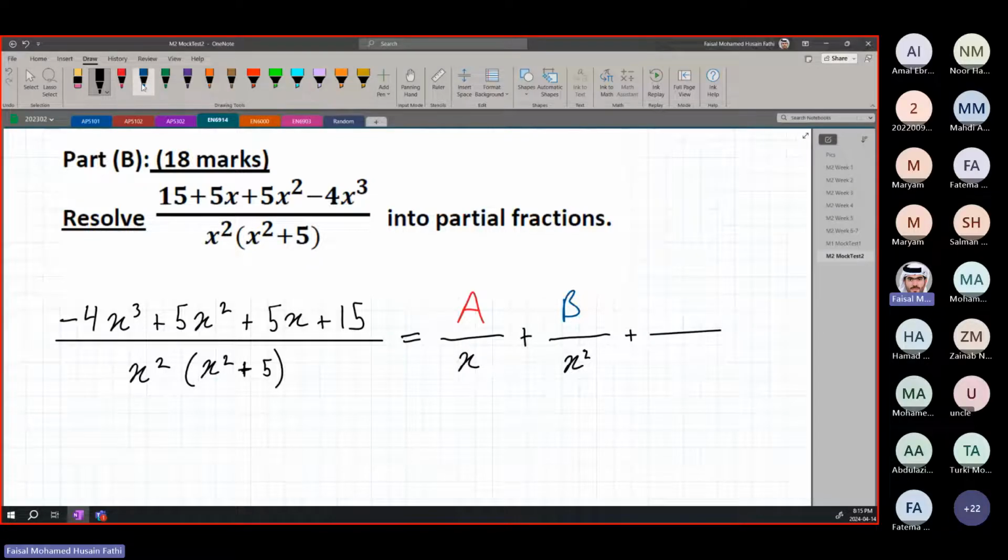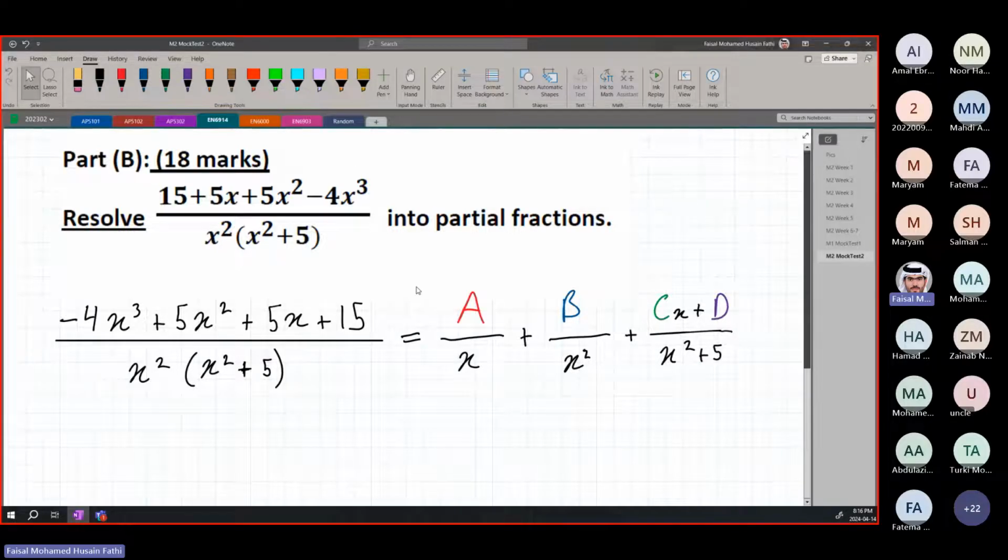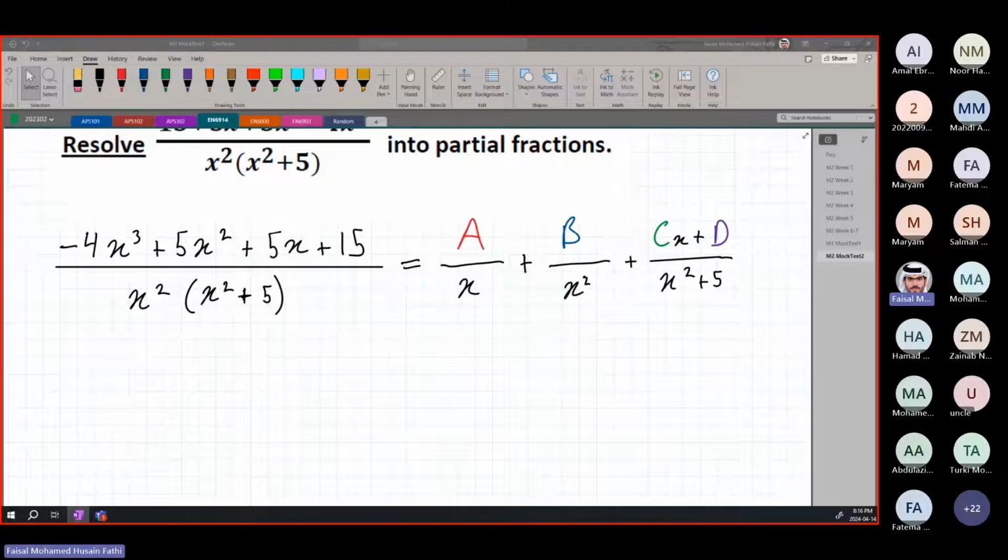So this is going to be in the form of Cx plus D over x squared plus 5. I'm going to solve this fully, completely. I'm not going to skip any step.